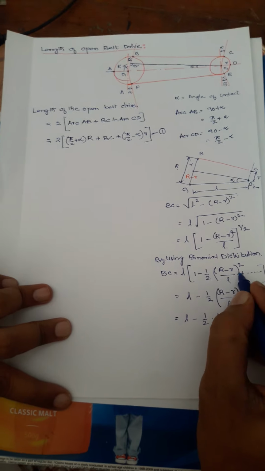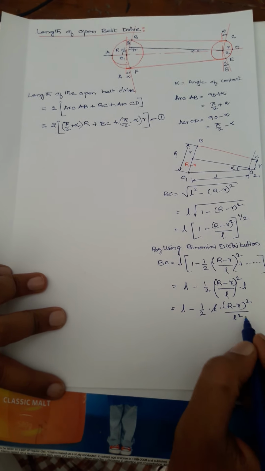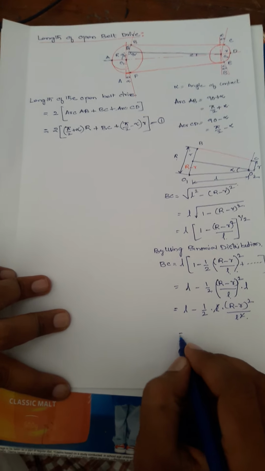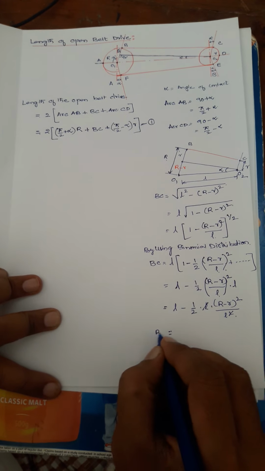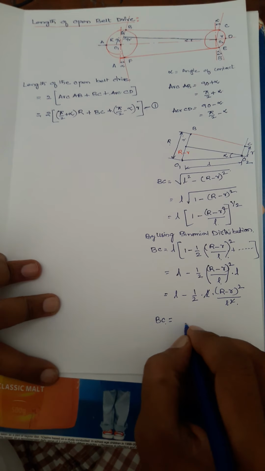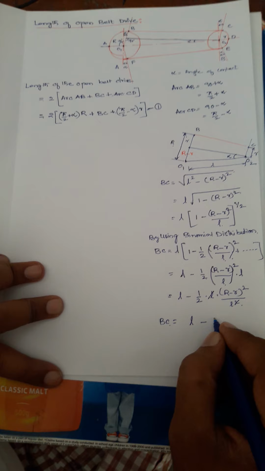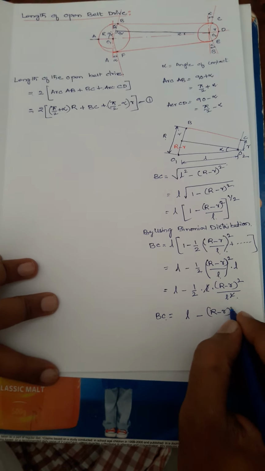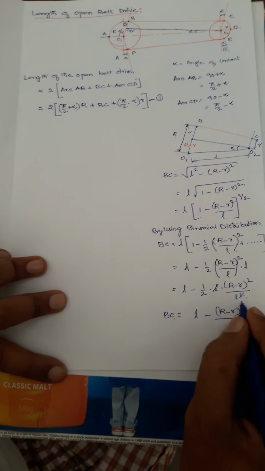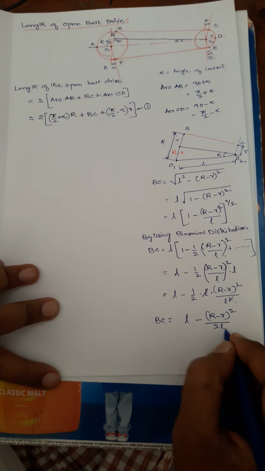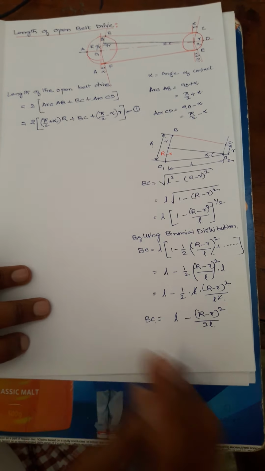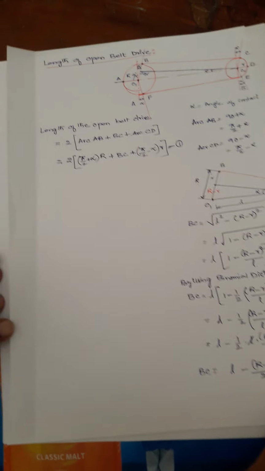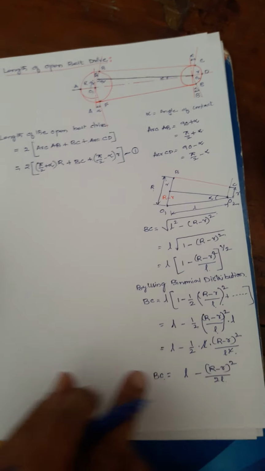So L gets cancelled, and finally you will remain with BC, the length, that is L minus capital R minus small r whole square by 2L. So this is BC. Now let us go into the application of this BC value into equation number 1.